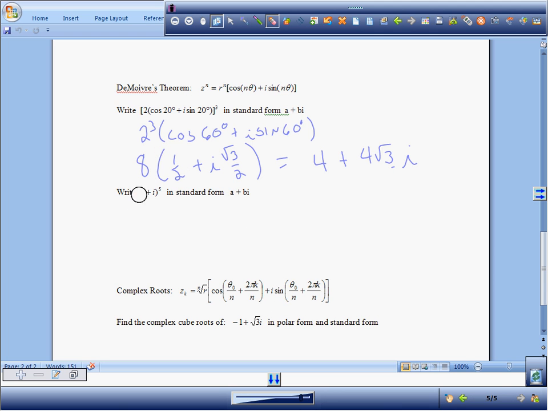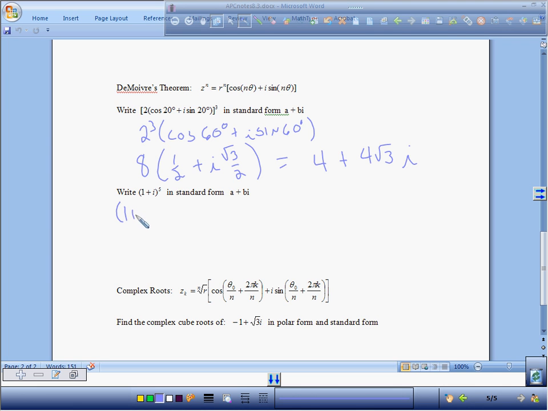Okay. Next. So this is kind of cool because if I had a number like this, say I have 1 plus I, and I want to raise it to the 5th power, okay? Traditionally, if I want to do it the long way, I would go 1 plus I times 1 plus I times 1 plus I times 1 plus I times 1 plus I, which is a pain in the neck.